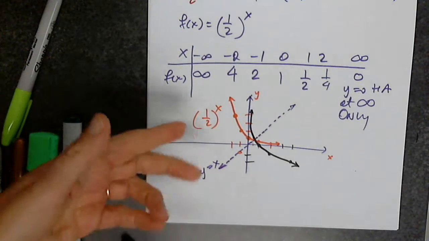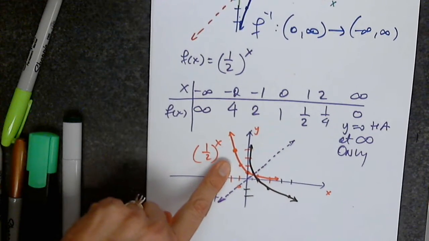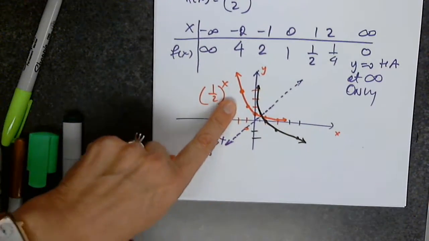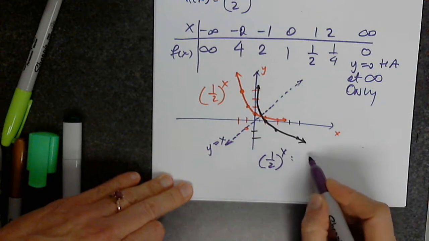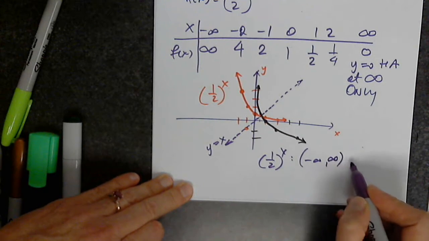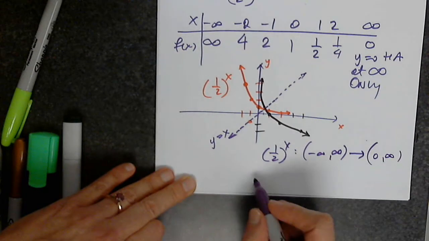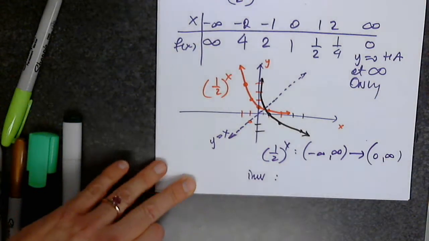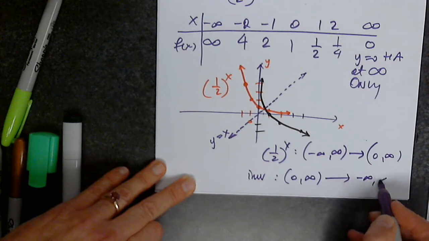Can anyone give us the domain of this function? Of 1/2 to the x? So 1/2 to the x is defined on all real numbers, and the range? Very good. So the inverse of that, 0 to infinity, -infinity to infinity.